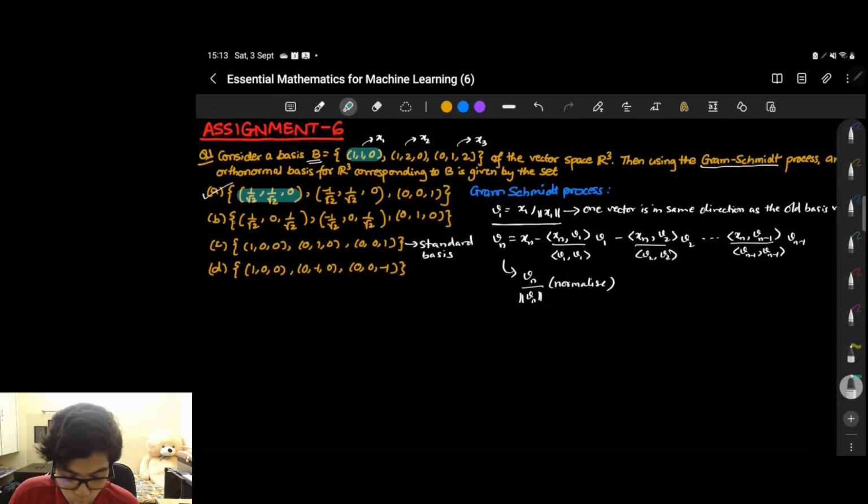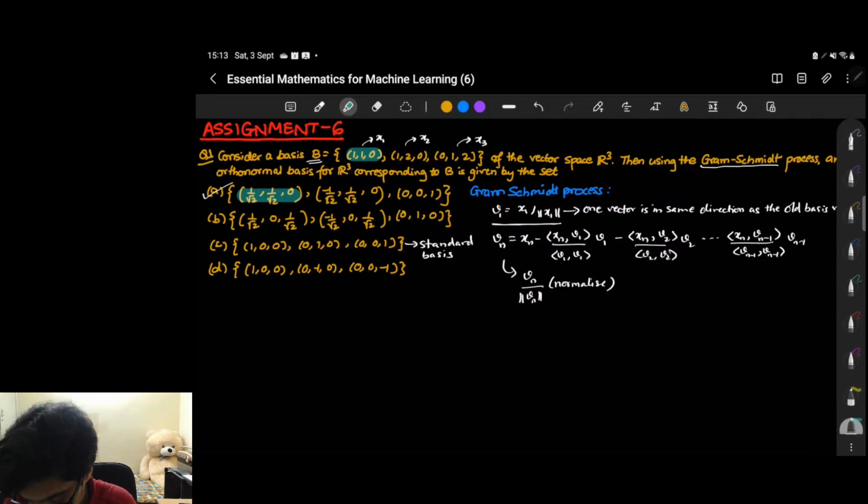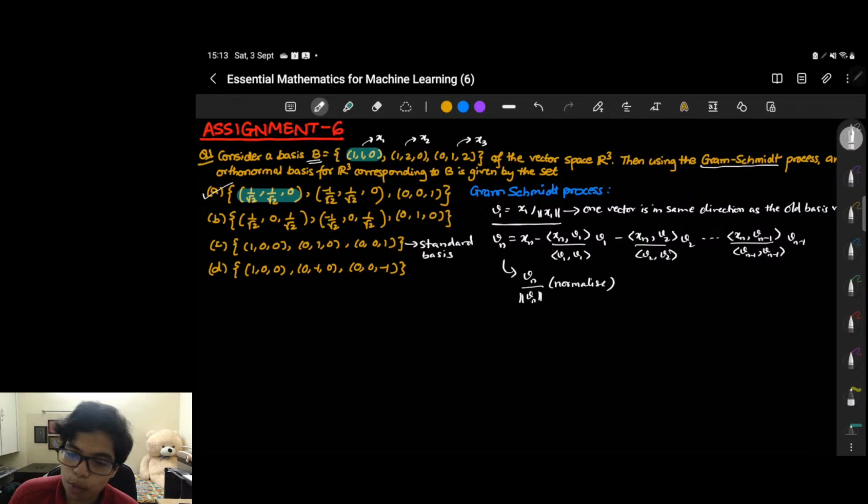And there is no other option in B, C, and D which have any vector which is in the same direction as one of the vectors in the old set B. But still, since the question says that we have to use the Gram-Schmidt process, and the aim is to demonstrate what the Gram-Schmidt process does, but even without that, we can answer this question.